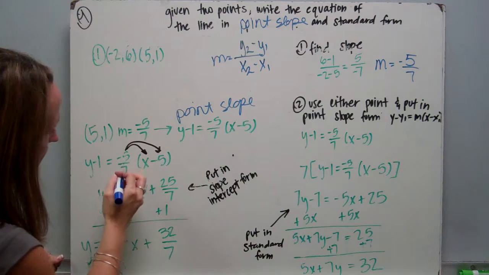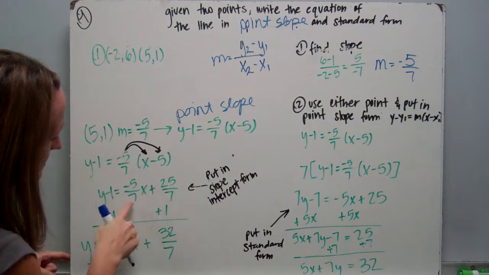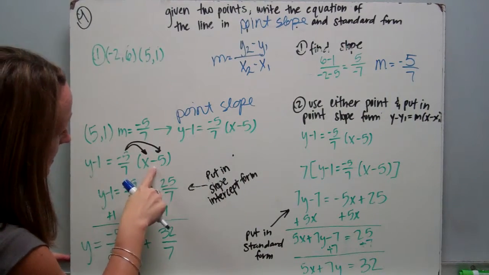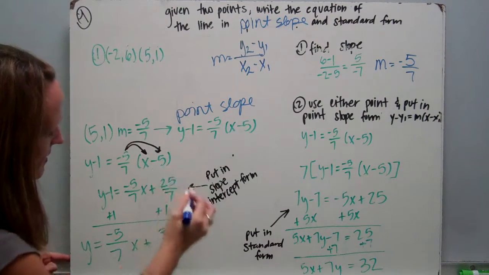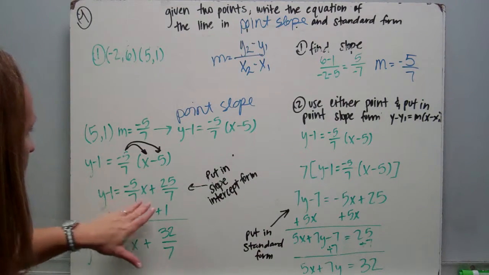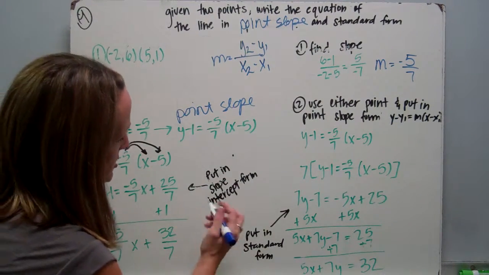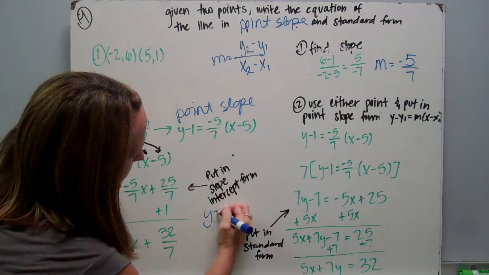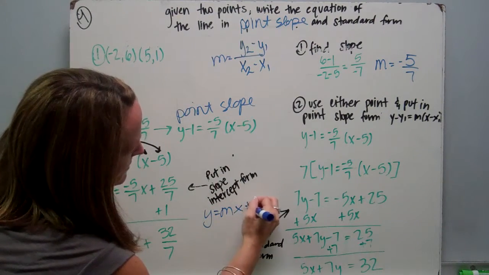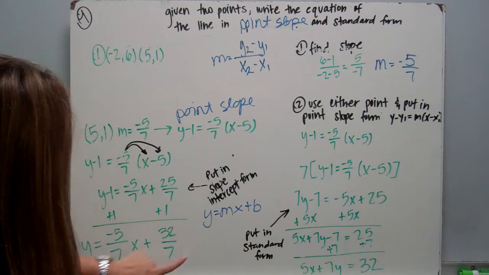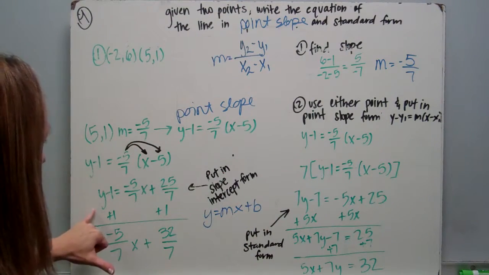So when we multiply negative 5/7 times x, we get negative 5/7 x. Negative 5/7 times negative 5, we get 25 over 7. Now we have to add our 1 over here, because if we want to change it to slope-intercept form, which is y equals mx plus b, we have to move our 1 to the other side.